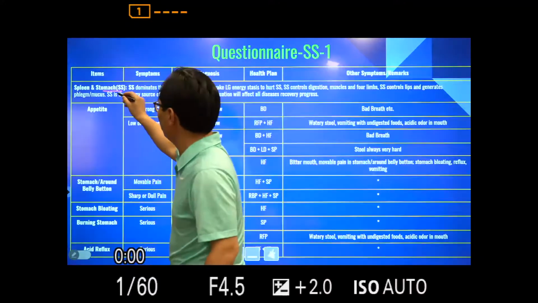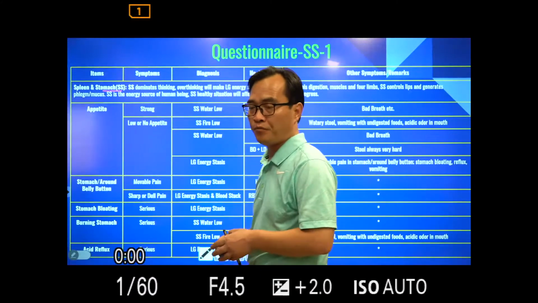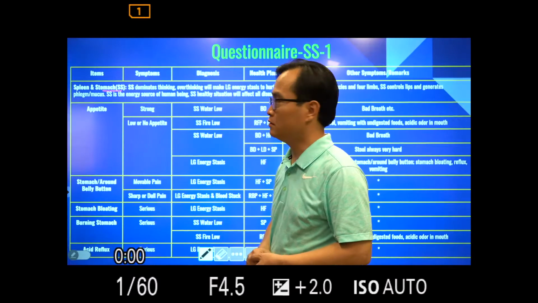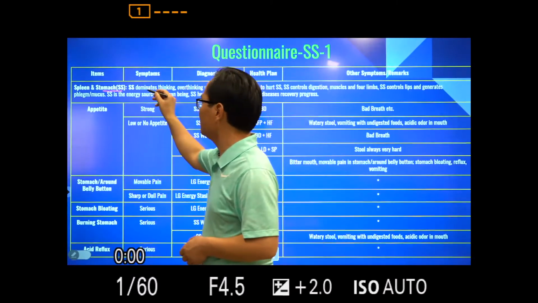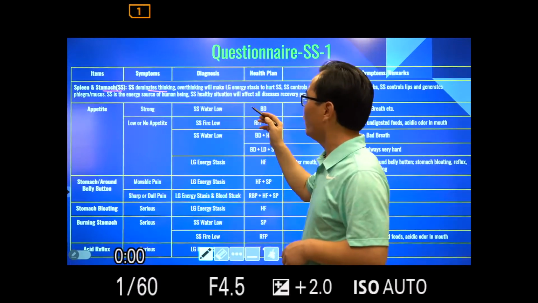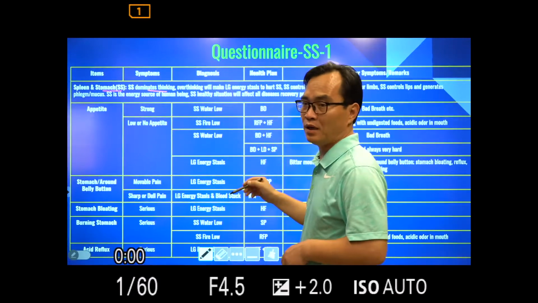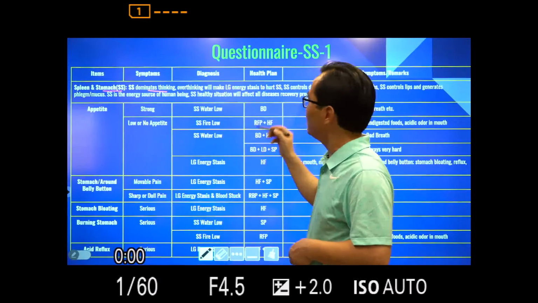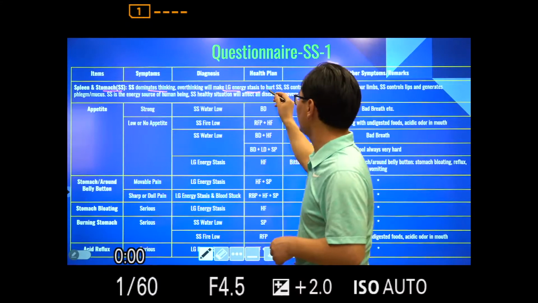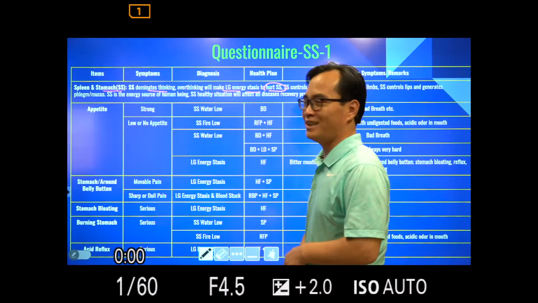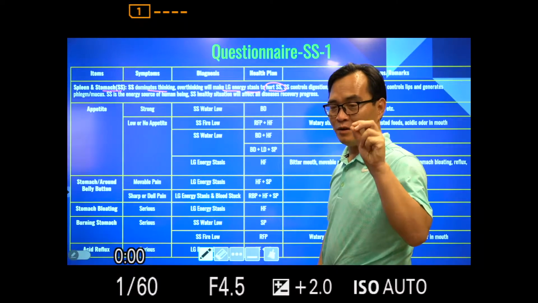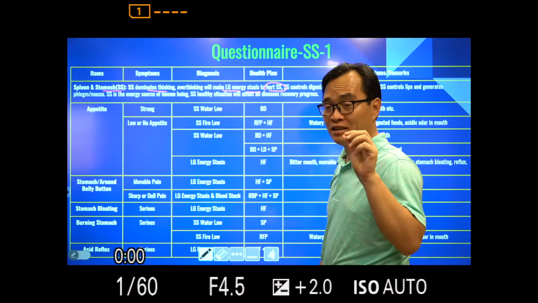So for the SS system, when we explained the five systems in detail, the SS dominates thinking. Our thinking will hurt the SS system. How can it hurt the SS system? By making allergy and immunodeficiencies. In fact, thinking will make the immunity stuck.